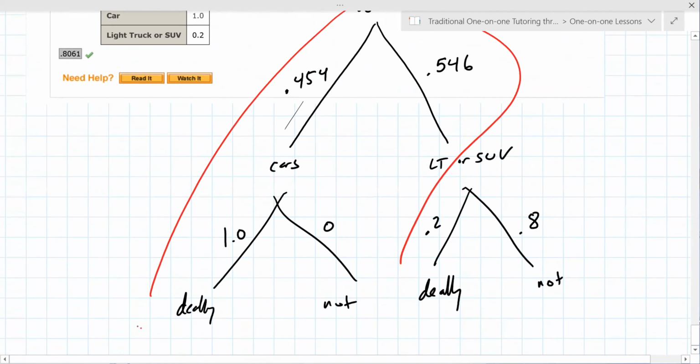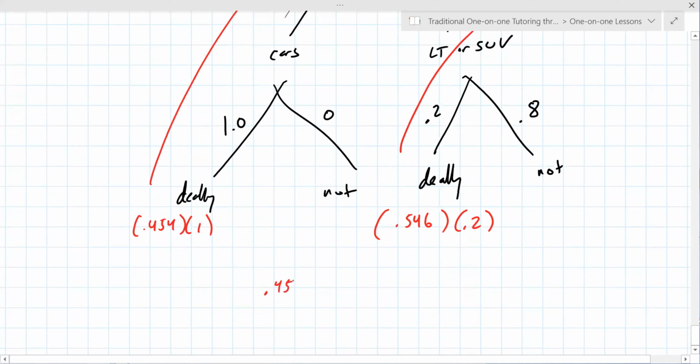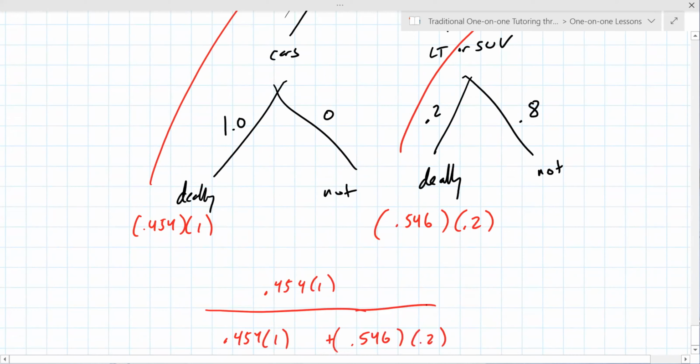So this is 0.454 times 1, and this is 0.546 times 0.2. And the one that we want is the one on the left. So it ends up being 0.454 times 1 over 0.454 times 1 plus 0.546 times 0.2.